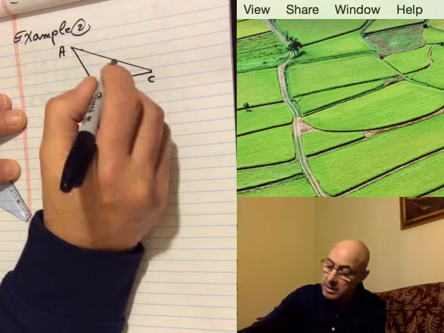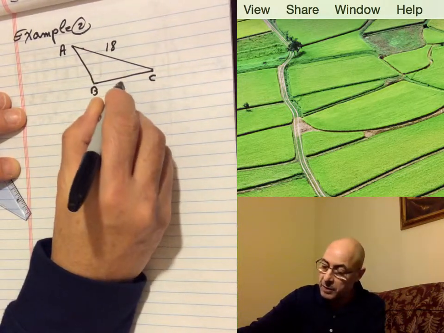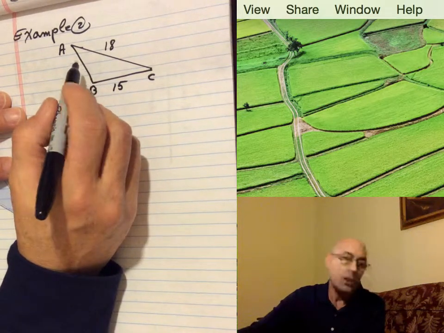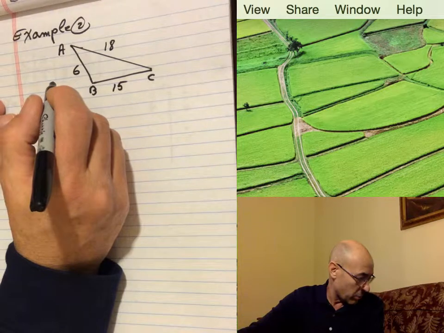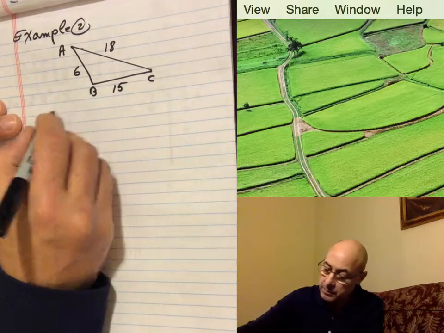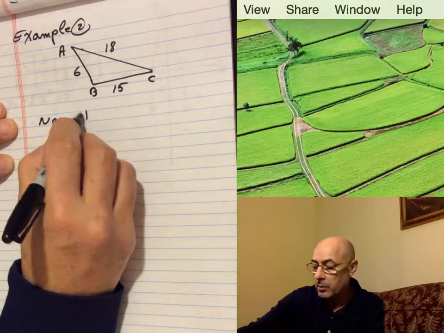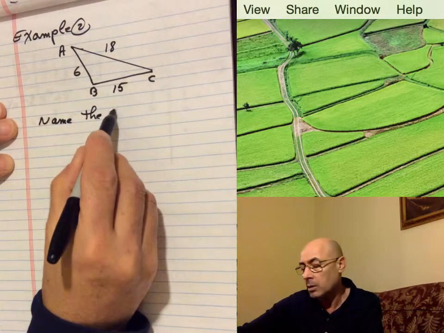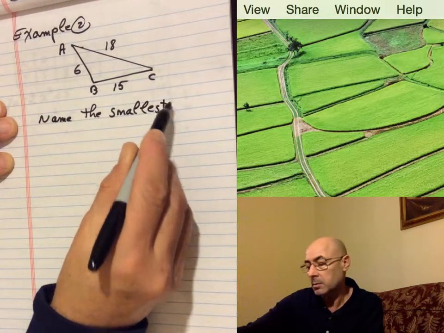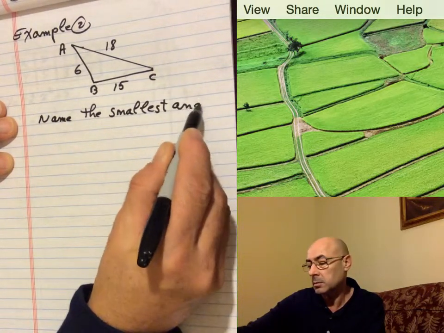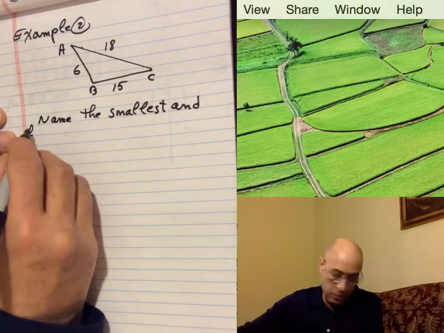We know that AC is 18, BC is 15, AB is 6. Name the smallest and largest angles. This time we want to name the smallest and largest angle.